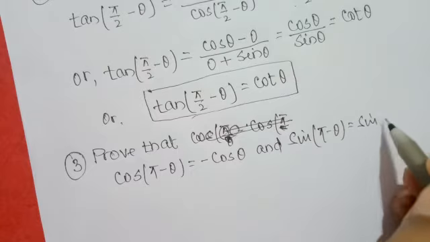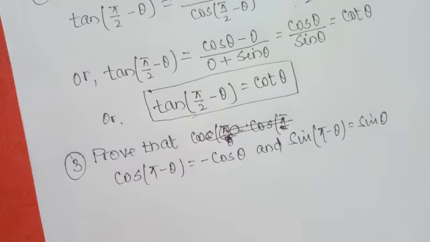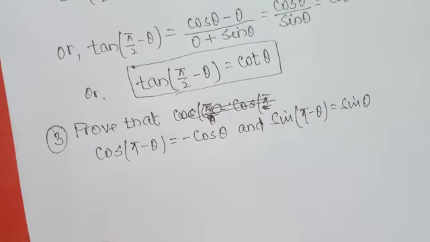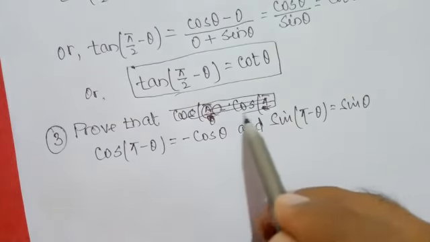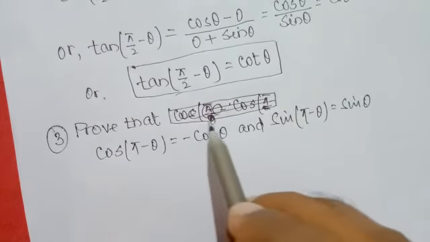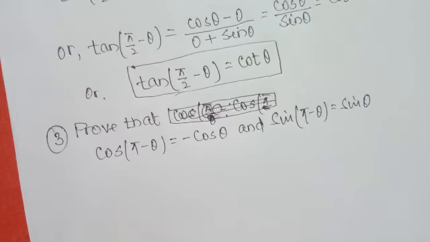This is your next theorem. Prove that cos pi minus theta is equal to minus cos theta and sin pi minus theta is equal to minus sin theta.